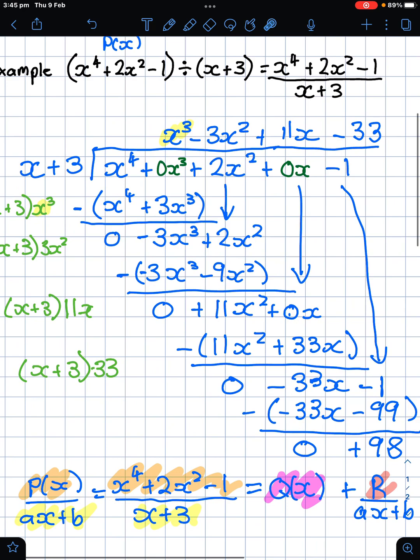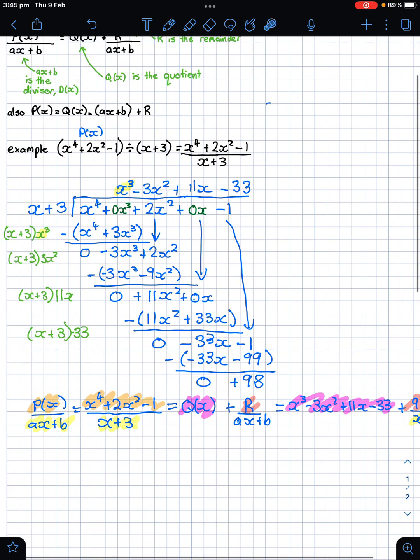Now, I did go a little bit pear-shaped. Now, every time you pull this out, this x cubed, this is purely meaning that because of this value up here, timesing it by this times this is going to give you this value here. So we need to take it away from our polynomial every time. All right, I'm going to leave you with that one. I'll do one for quadratics next, but I'll leave that.